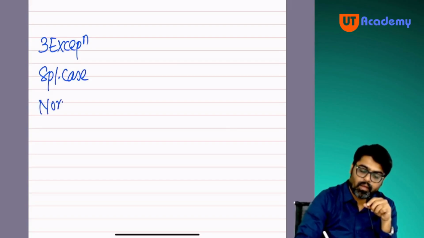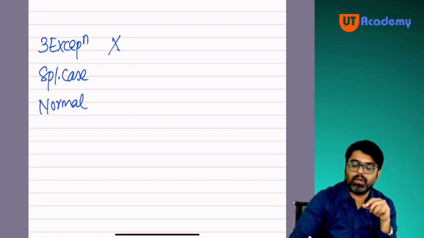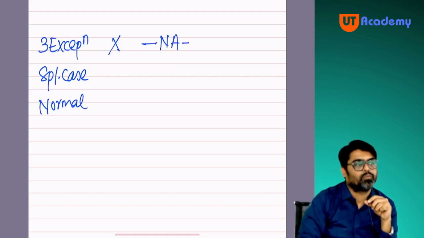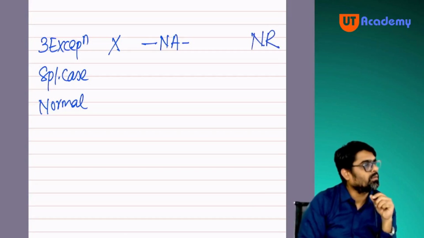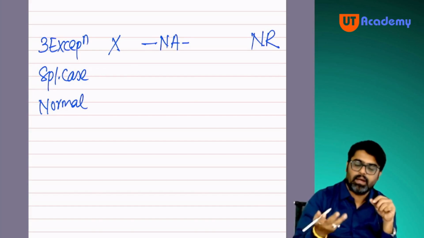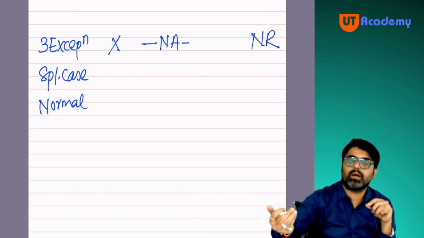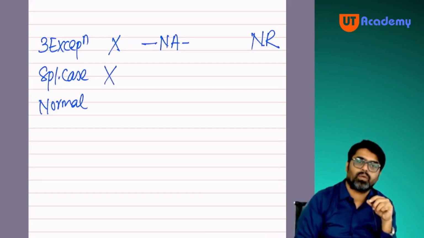Then normal case. Basic condition A not fulfilled, B is not applicable. What will be your status? Non-resident. Exceptional cases, you don't check B, no. You check only A. Are you fulfilling A? You become a non-resident. Special case, basic condition A not fulfilled.